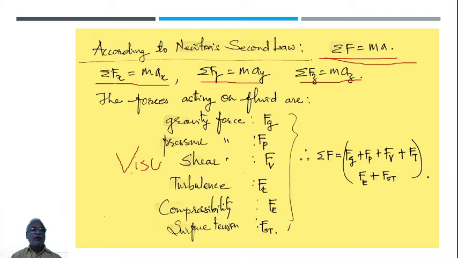It would be better if you call it viscous force, because technically it will be referred to as that, Fv; turbulence force, Ft; compressibility force or elastic force, force due to elasticity of the fluid, that is Fe; surface tension force, that is F with a suffix st. Compressibility force will be predominant in case of air or gases, but as far as liquids are concerned, this will be almost zero, right?